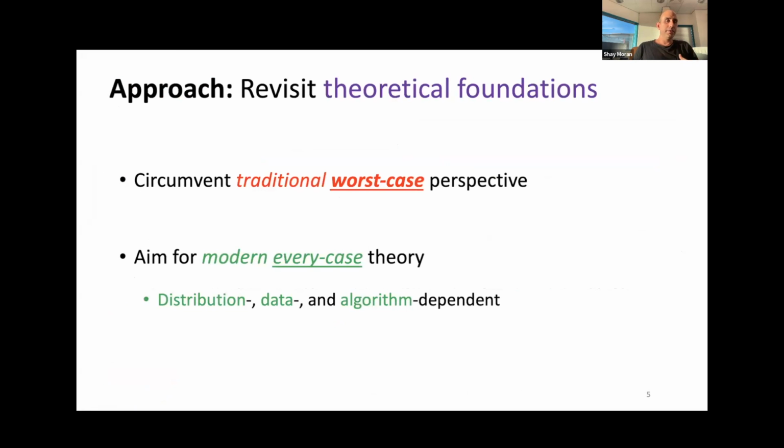Now, one main difference between my research, and that of my co-authors, and the more common research in machine learning theory is that rather than trying to study the dynamics of, let's say, deep learning algorithms, which are the main workhorse these days, I take the opposite approach and try to revisit the theoretical foundations, the very basic definitions of what it means to learn, how we order the quantifiers in the definition of learnability, and so on.